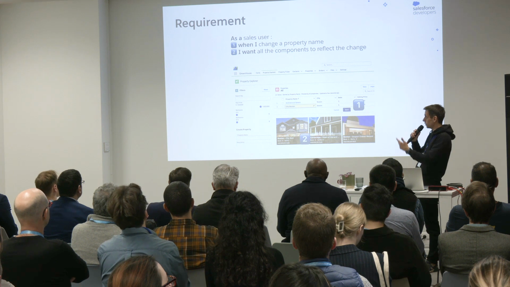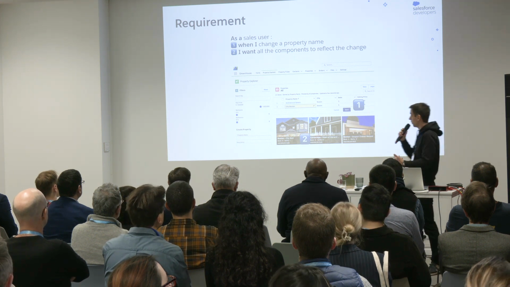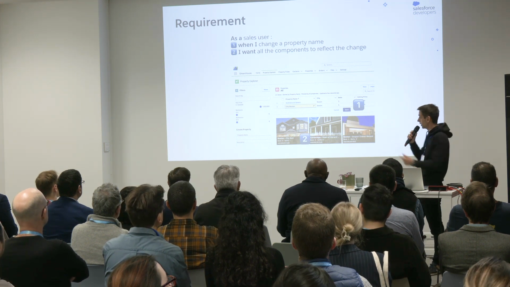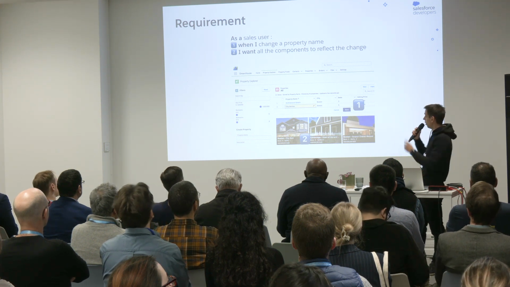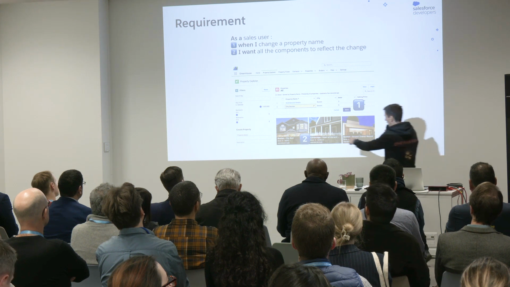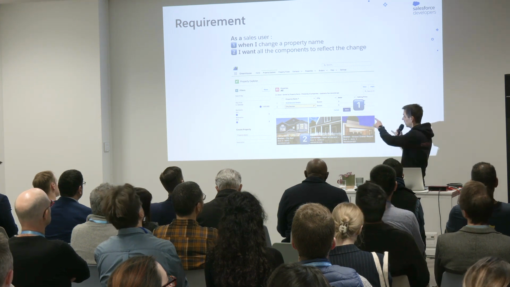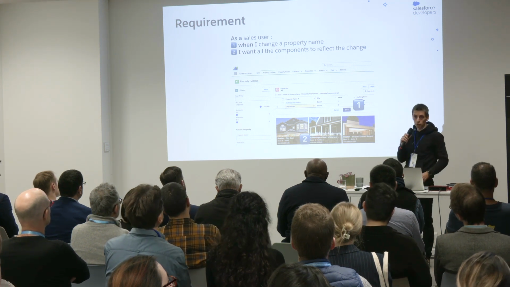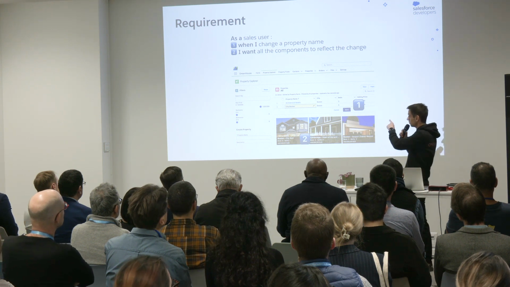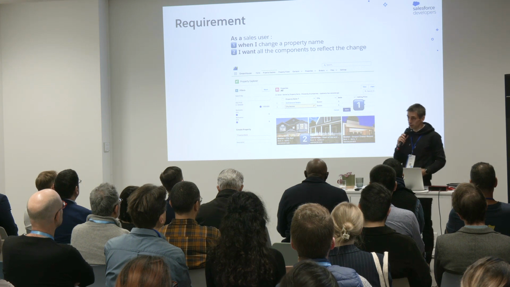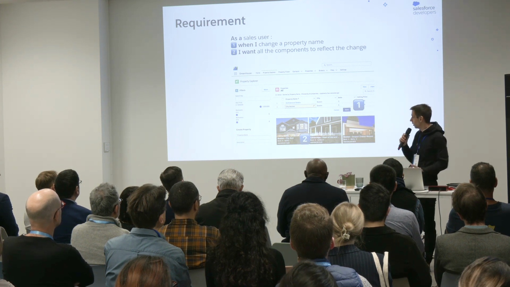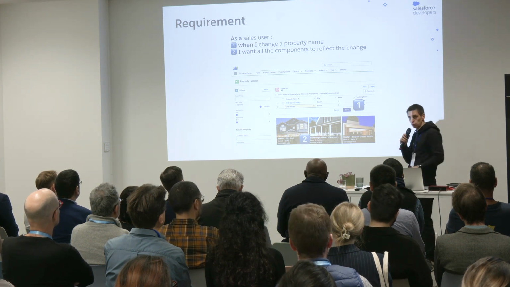So as a sales user, when I connect and change a property name, like here, I'll change the name of the property, and I save, I have a disconnect, right? You see, the name on the top is not the same as the name in the component. Because here, behind the scenes, this is using an Apex controller. This is not using Lightning Data Service. And there is some complexity in building that.